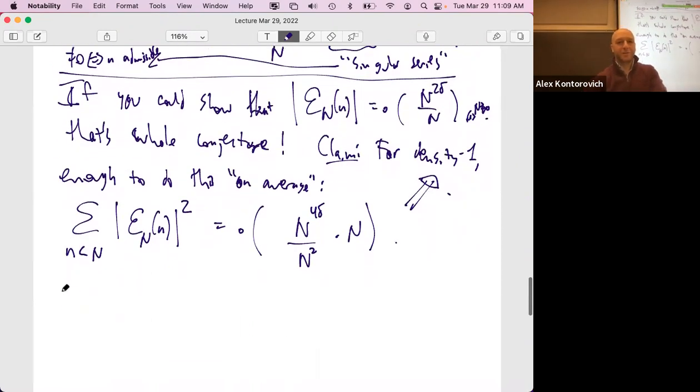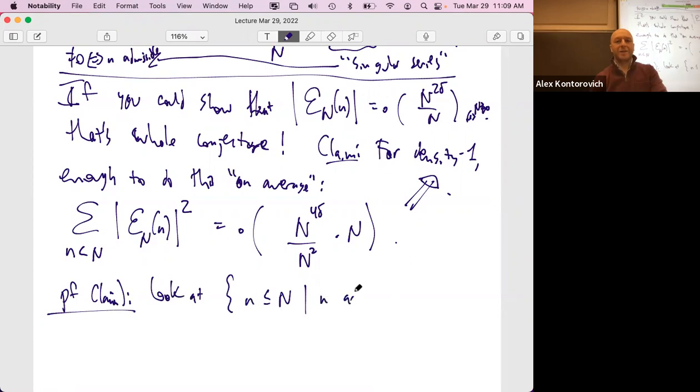Okay, so here's the proof of the claim. Look at the set of n up to n, or of order n, doesn't matter, such that n is admissible but not represented. So these are the exceptions.